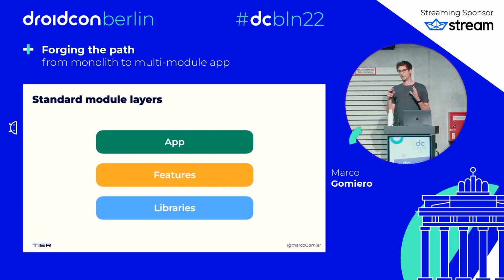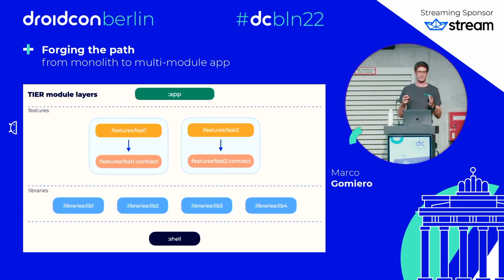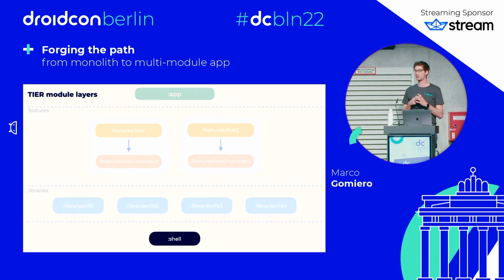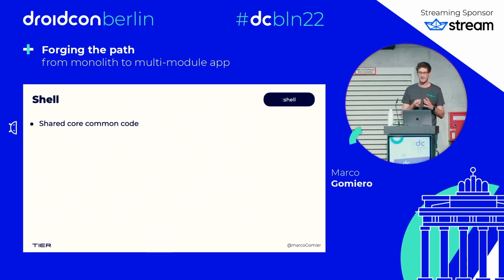Starting from this general layer, we ended up with a customized version for our specific case. Let's start to look more deeply at it. The bottommost layer is the shell, which is our naming convention for a module that doesn't belong to the specific layers we have seen, but is just a module that contains common code.